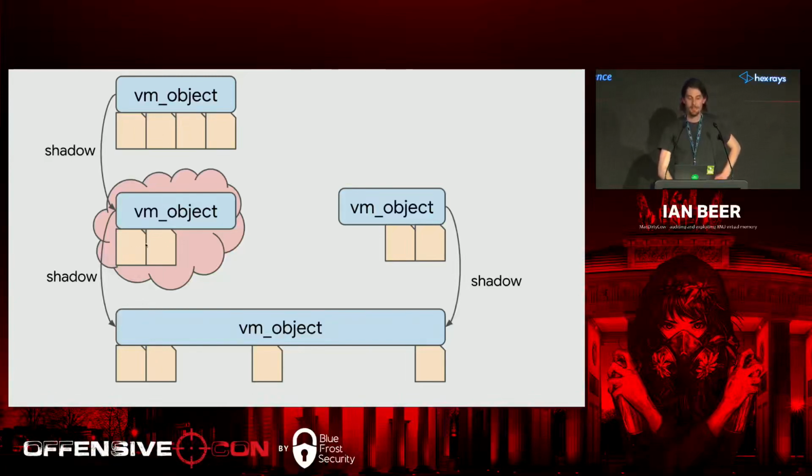These pages are actually available to be reused. And so that's what this garbage collection algorithm is trying to do. It's trying to traverse the trees of VM objects to find these redundant pages that it can make available for reuse. And so we'll come to the first bug.